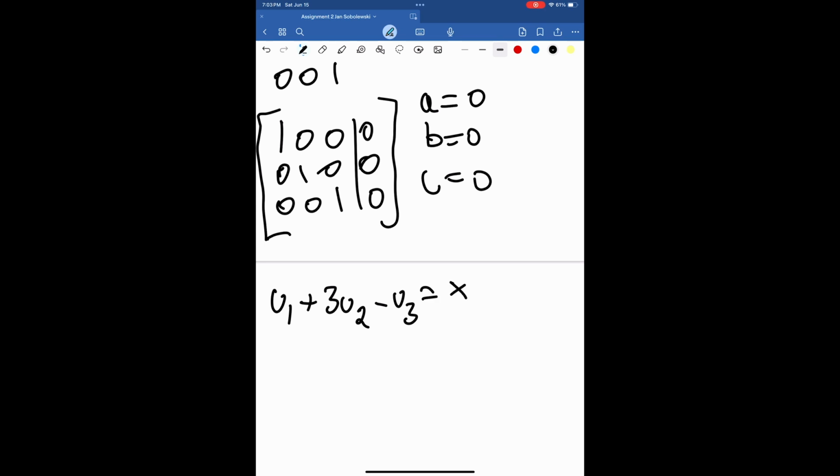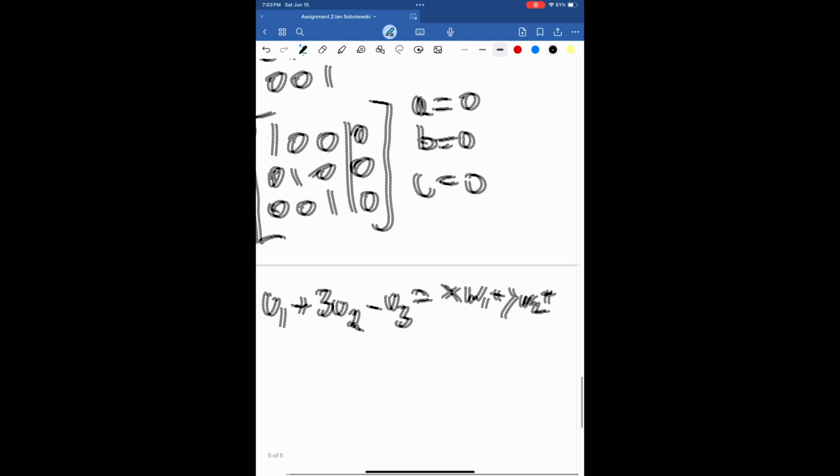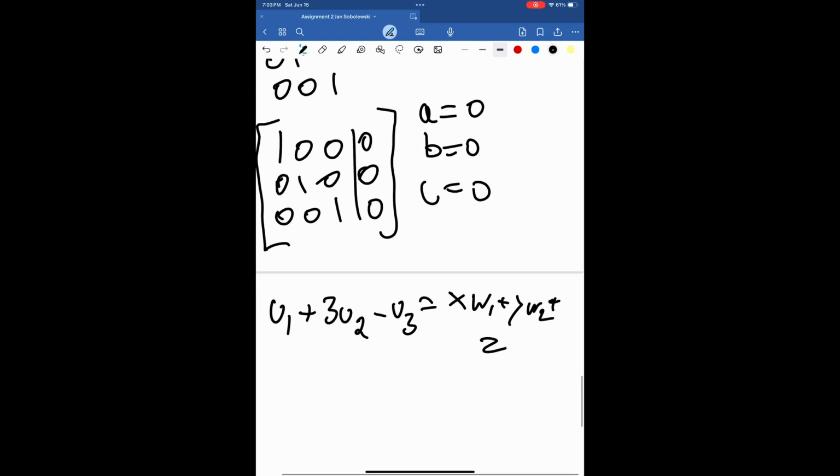So now we got a scalar. We want to prove that it's a linear combination of these, that scalars exist for this thing to become that thing.